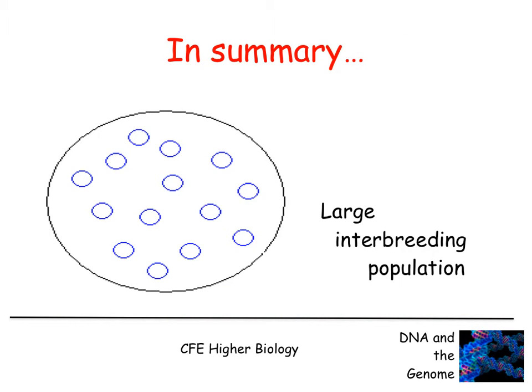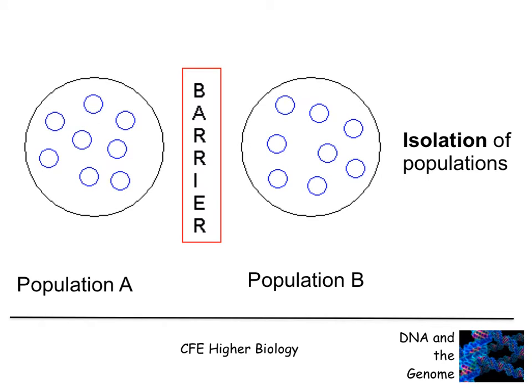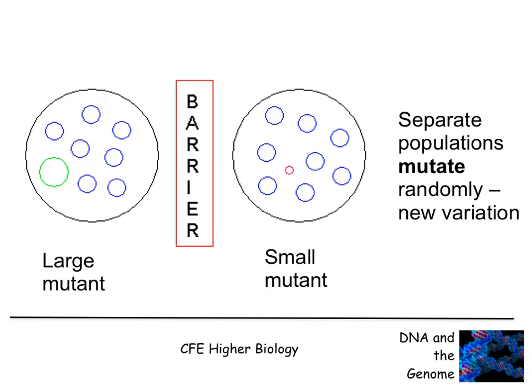In summary, we've got a large interbreeding population, and some sort of barrier comes between it. You end up with population A and population B, with the population split in half by the barrier, and both populations isolated.